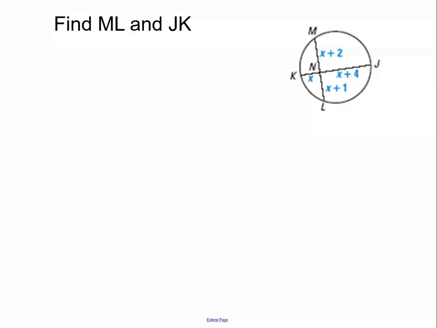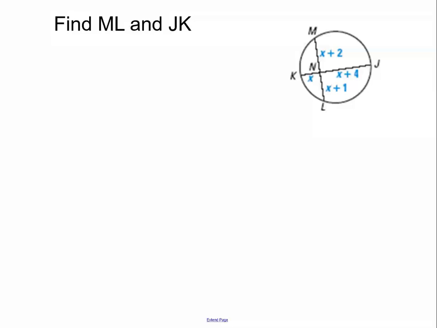Alright, so this first example here, you want to find ML and JK. So ML is this length right here, and JK is this length right here. But in order to find those, we have to figure out what X is.